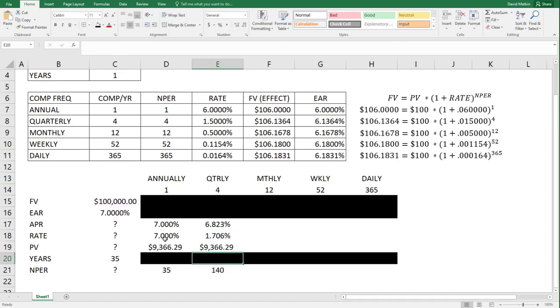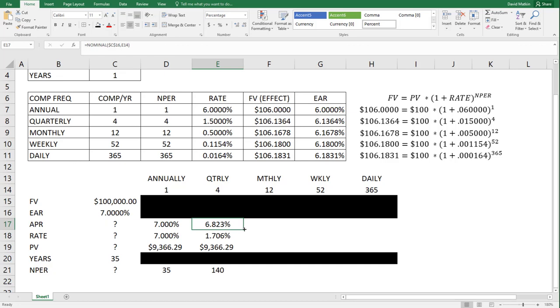Because what really explains the difference between the future and the present is how much the dollar actually changes, or how much each dollar actually changes. And that's the same way of saying the effective rate. And so this APR was calculated in order to produce the equivalent effective rate of 7%.